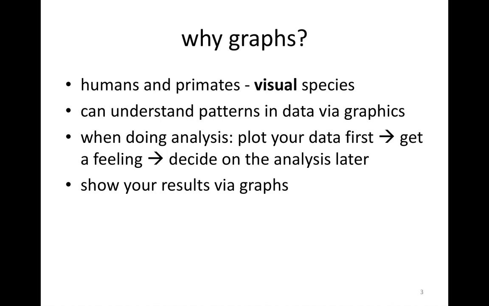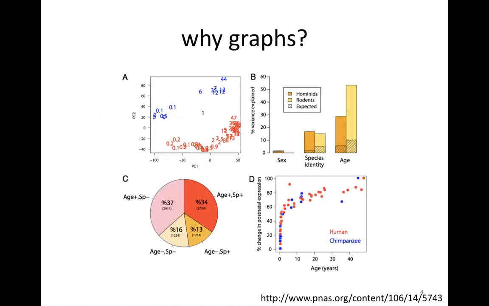As we mentioned, both to digest and get a feeling about our data once we've collected it, and to decide how to analyze it, we need graphs, and also to describe our results, we need graphs. And this is actually from one of my earlier works.